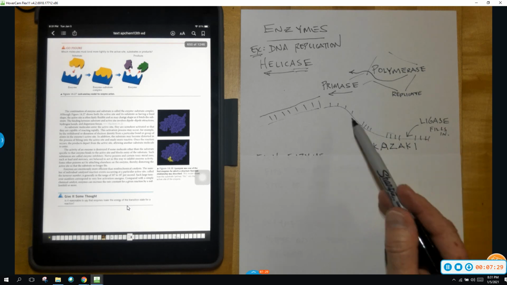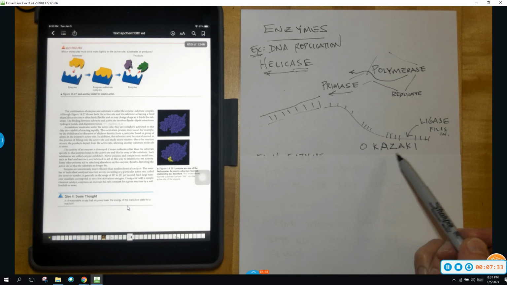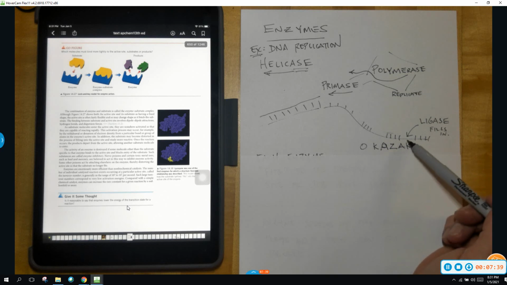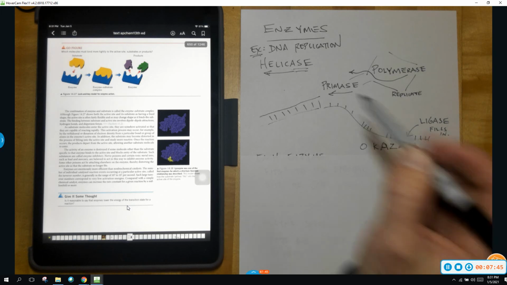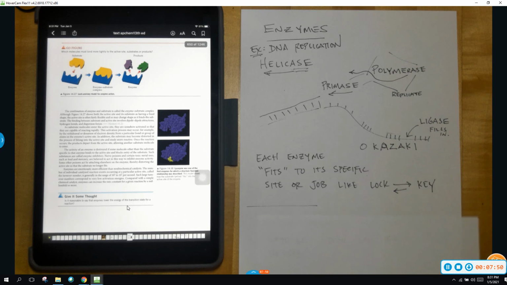And then remember, this one would be the lagging strand here, and I just love the name of that one, the Okazaki fragment. That one, of course, replicates as well with some polymerase, but leaves some little gaps. And then ligase comes along and fills in there and makes sure that it sticks together. So all these that end in ASE are enzymes.